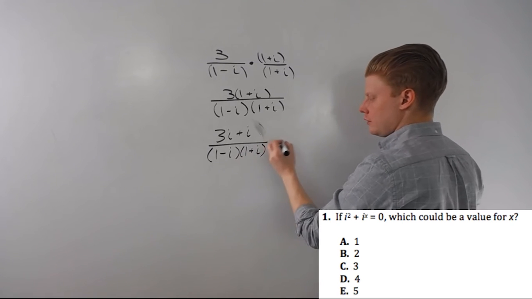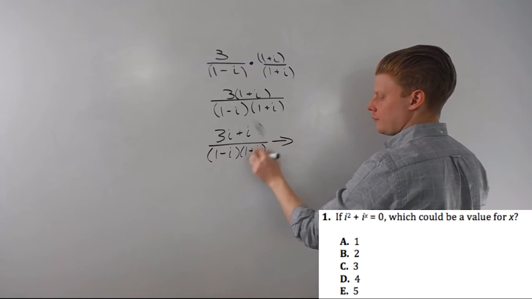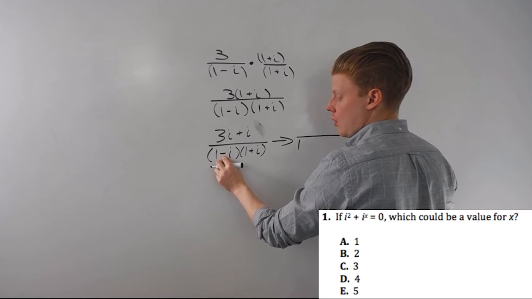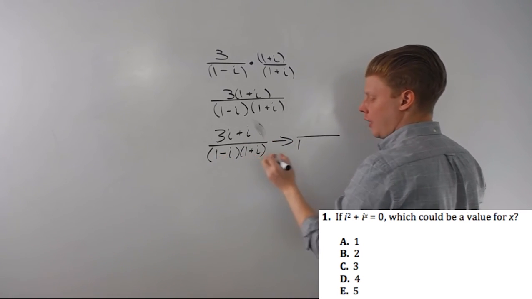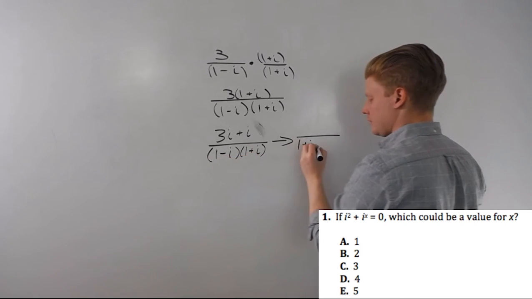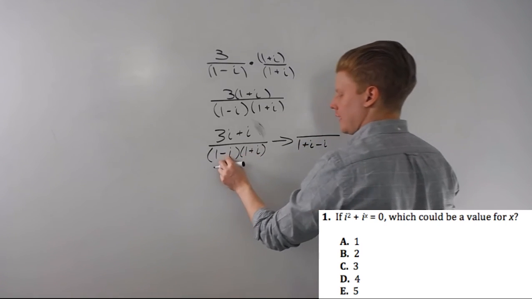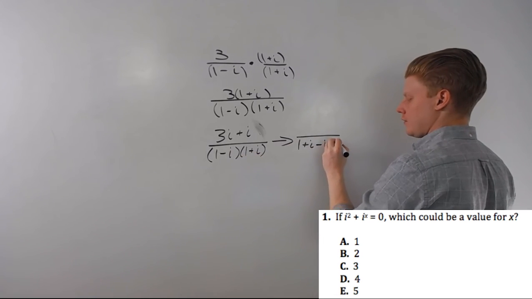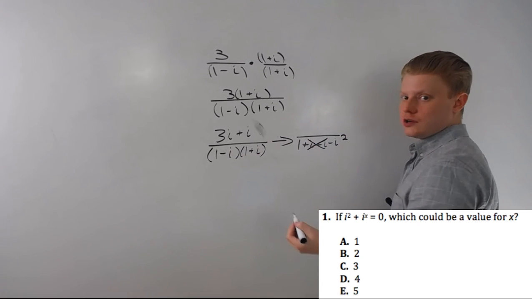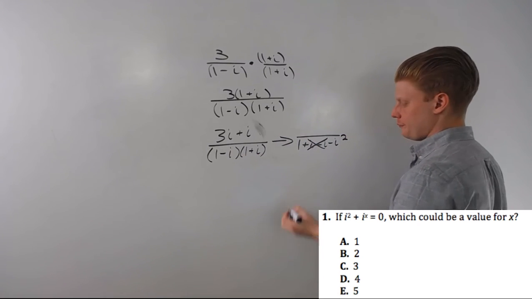So FOIL: 1 times 1 is 1. Outer, 1 times positive i is plus i. Negative i times 1 is negative i. Negative i times i is negative i squared. See, these middle i's will cancel, just like they should in the difference of squares. There's no middle term.